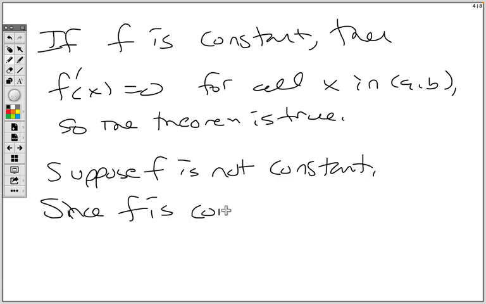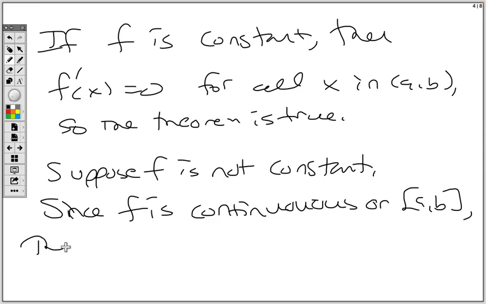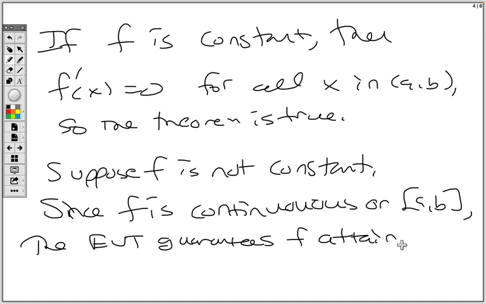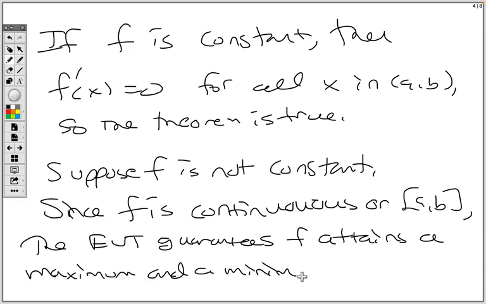Since f is continuous on the closed bounded interval [a,b], the extreme value theorem guarantees f attains a maximum and a minimum on the interval [a,b].